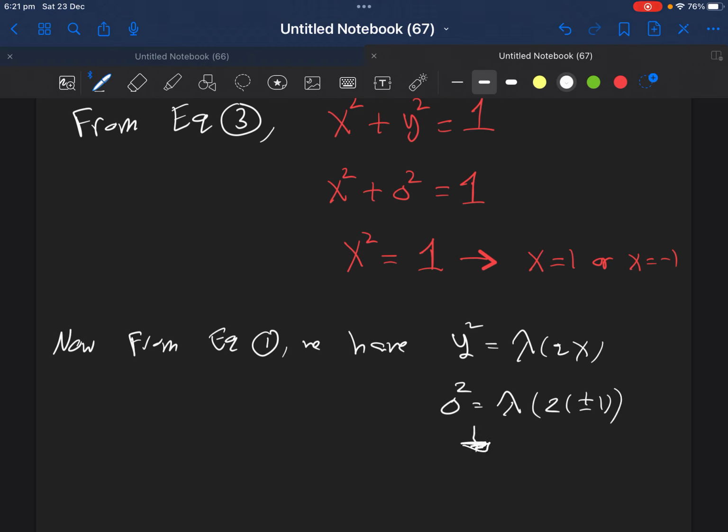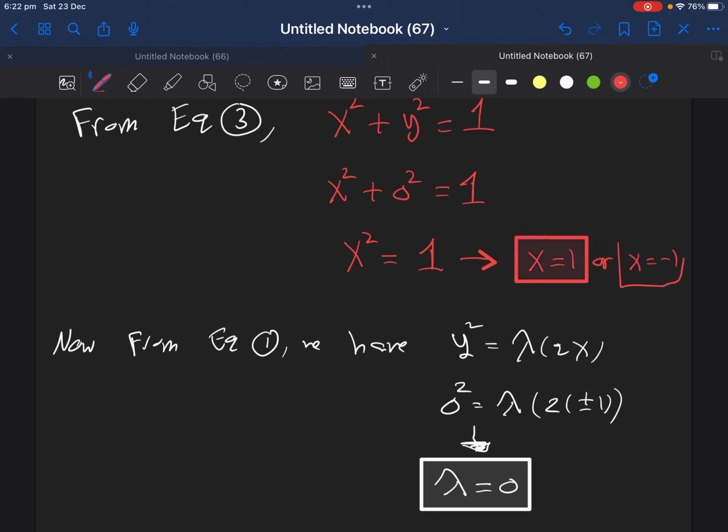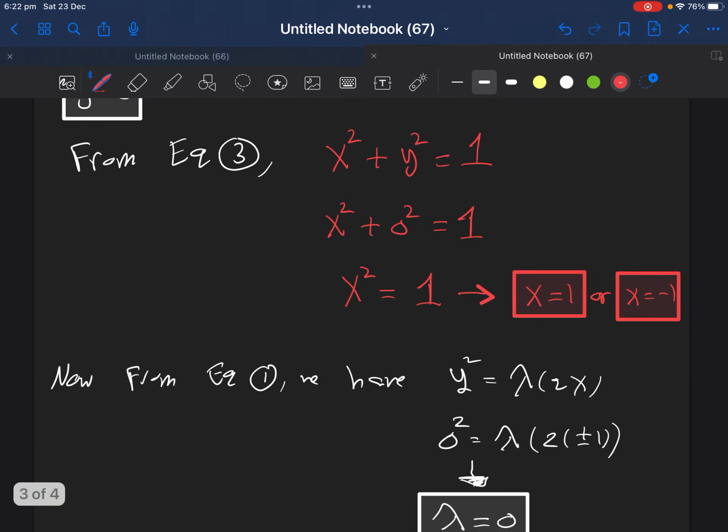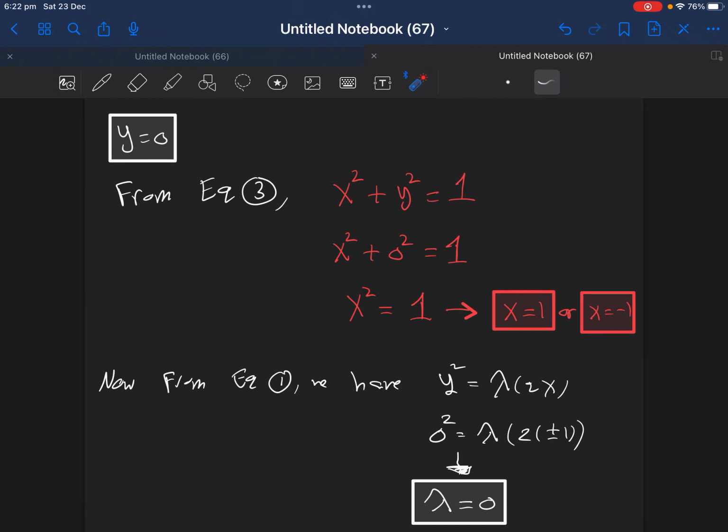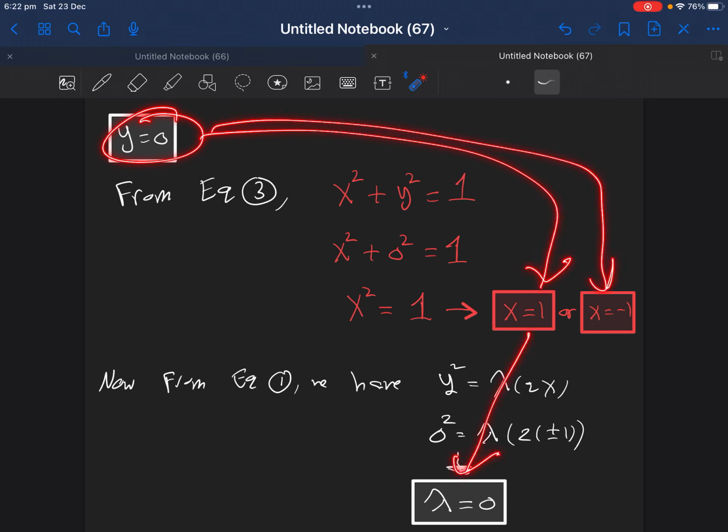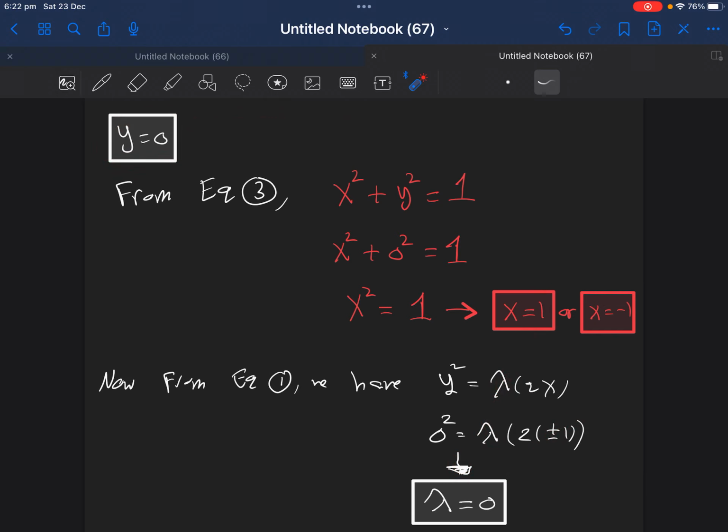It doesn't matter because the left side is 0, which means lambda will be 0. So we get x equal to 1, x equal to negative 1. What we have is the following picture. The value for y is 0, x is 1, lambda is 0. Same thing, y is 0, x is negative 1, lambda is 0.